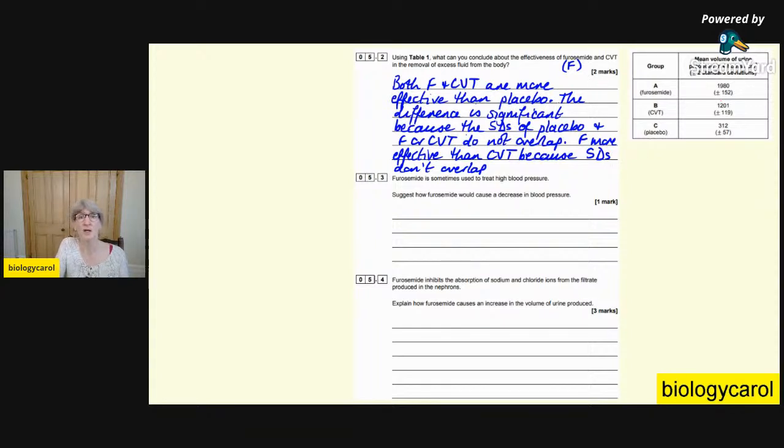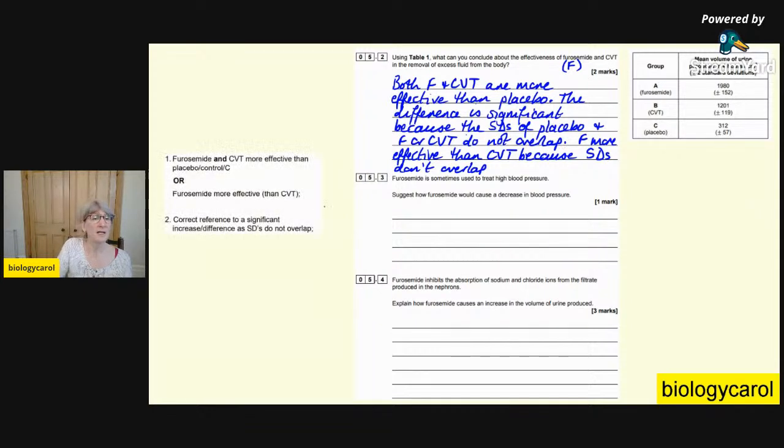I thought this was a very meaty answer. And here's the mark scheme, and blow me down, they allowed you to talk about either the 2 drugs or the drugs more effective than placebo for 1 mark, which I thought was frankly stingy. And about the significant, because the standard deviations don't overlap.